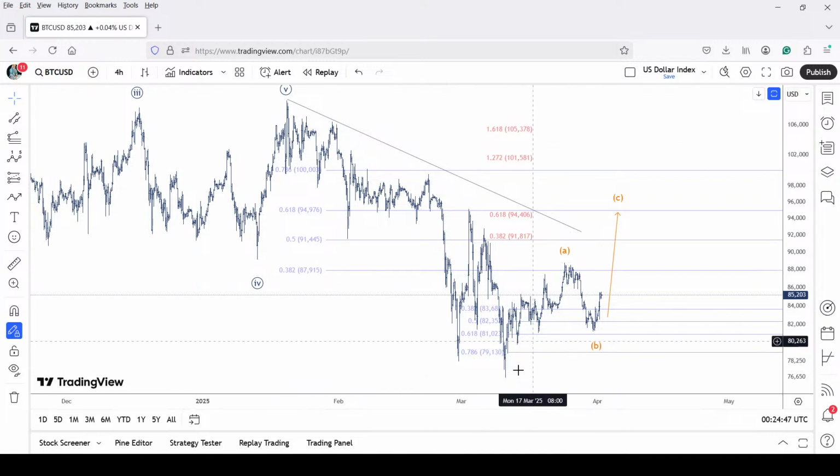The fifth wave terminated a bit shorter around the 76 mark, but then it is neatly carving a corrective ABC right there. And wave C is expected to push around the 94,000 mark. So 94,000 is the key where we would be inclined to initiate short positions.